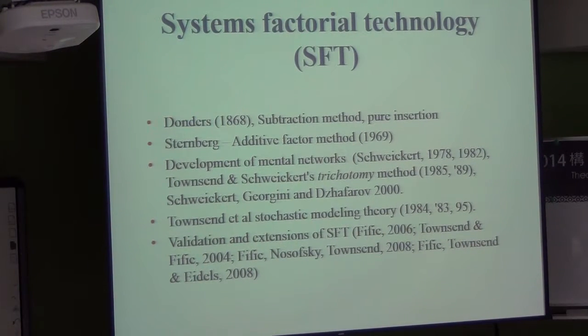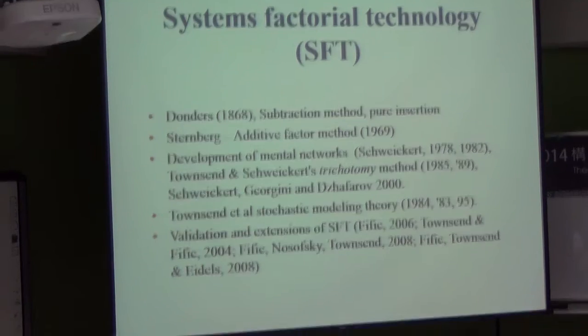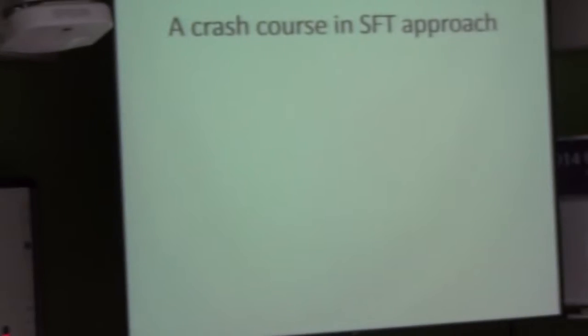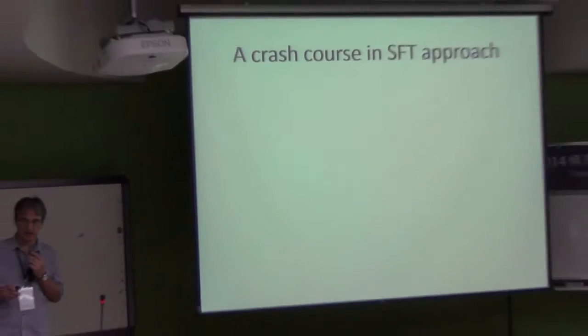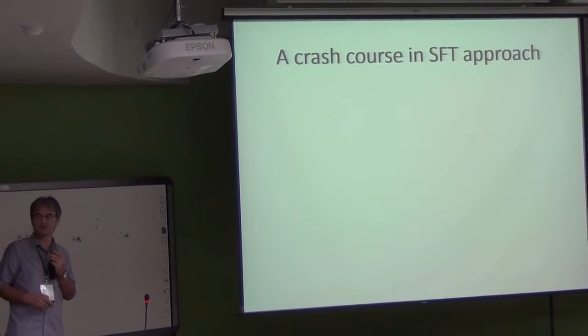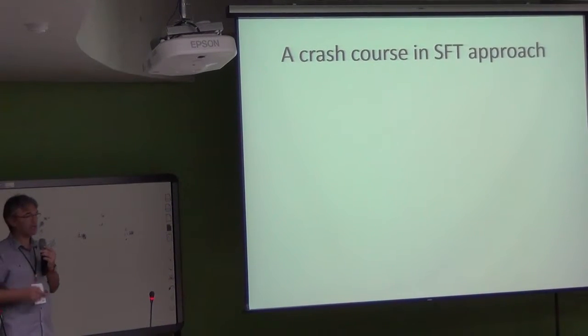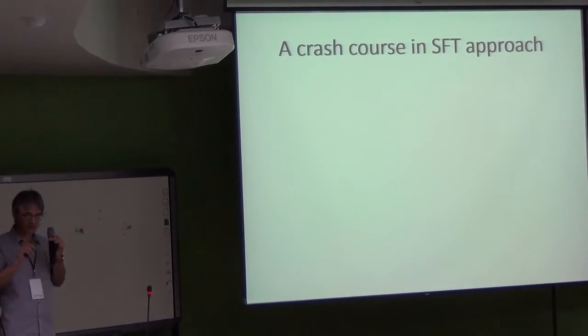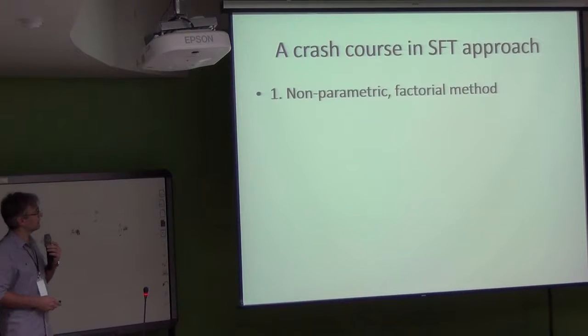I couldn't really fit it into this paper; we'd probably require a couple more pages. It's a very promising approach. Here's a crash course in the SFT approach. I'll probably provide more details tomorrow, but just give you a couple of ideas how this works. Let's try to keep it simple here.